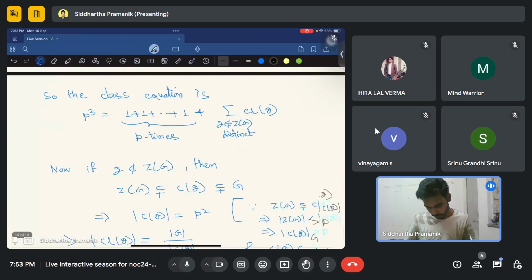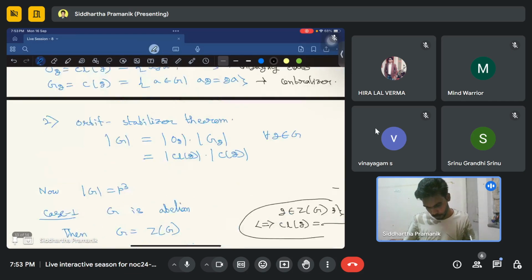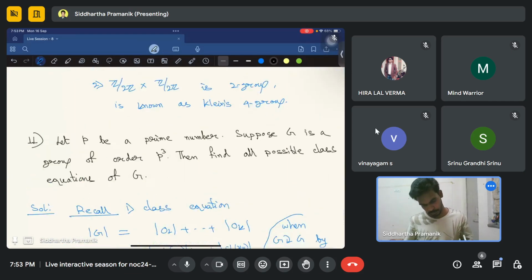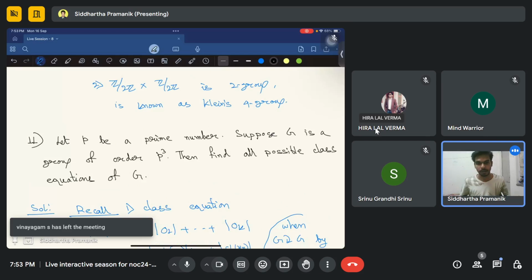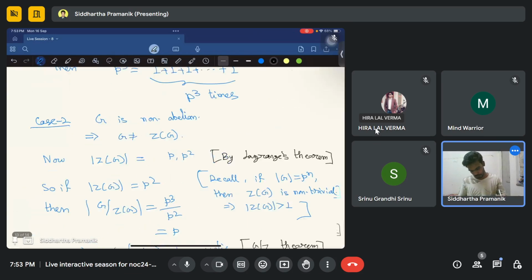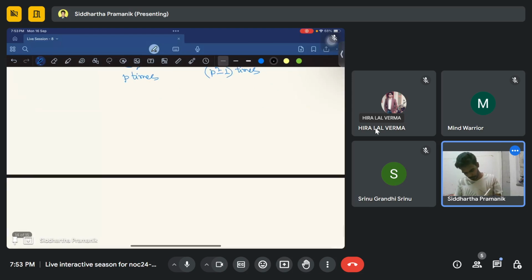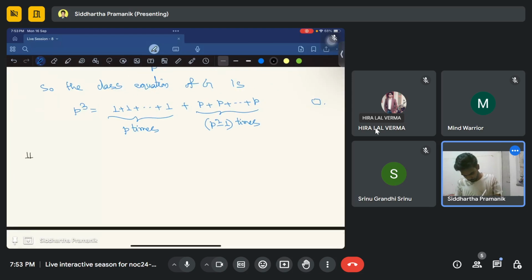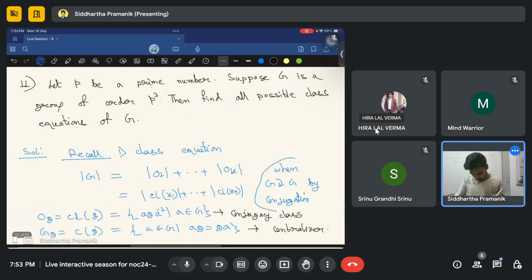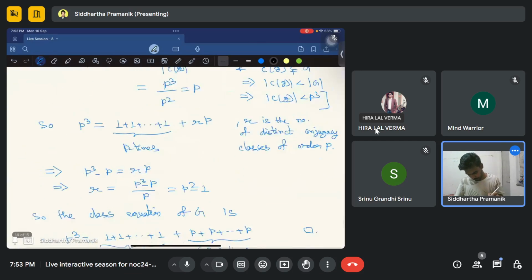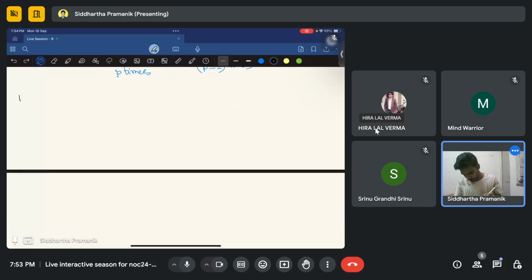So we have done it for groups of order pq. Now let's do it for groups of order p to the power 4. So this is problem 12.